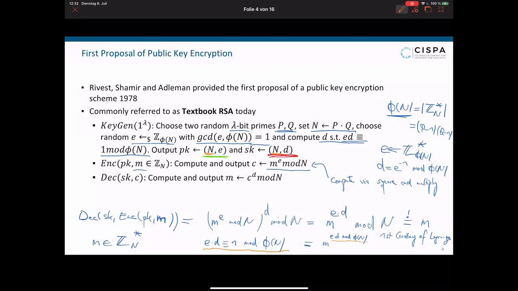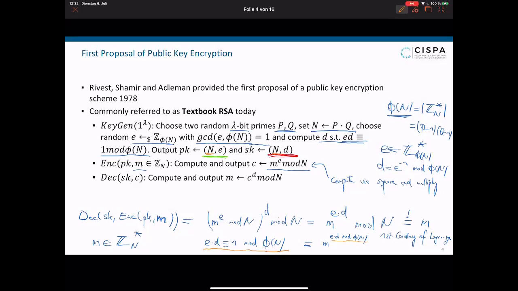Okay, there's a question. The trapdoorness of RSA arises because of the totient function, right? That's correct. Essentially, let's put it another way. If I were to give you phi of n, somehow in the public key, for instance, then RSA would be easy to invert.